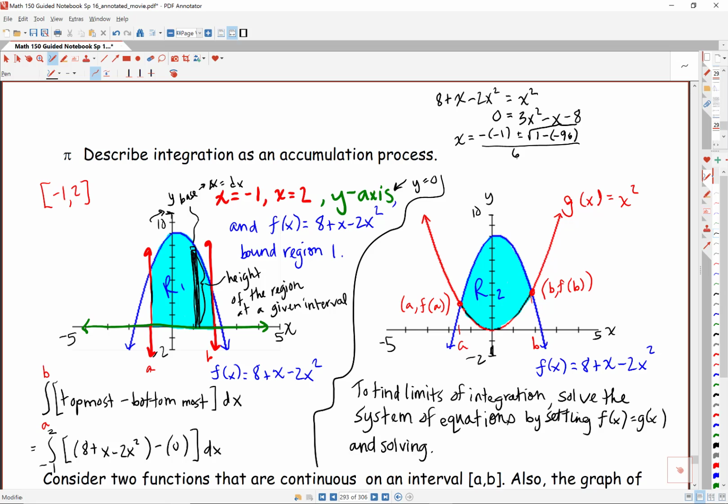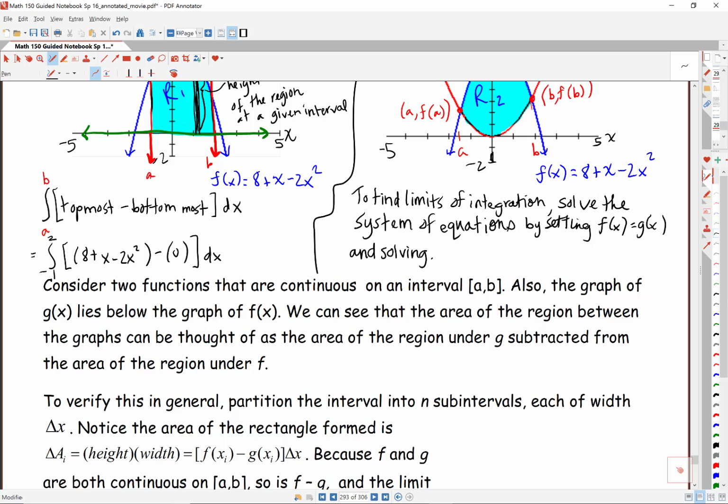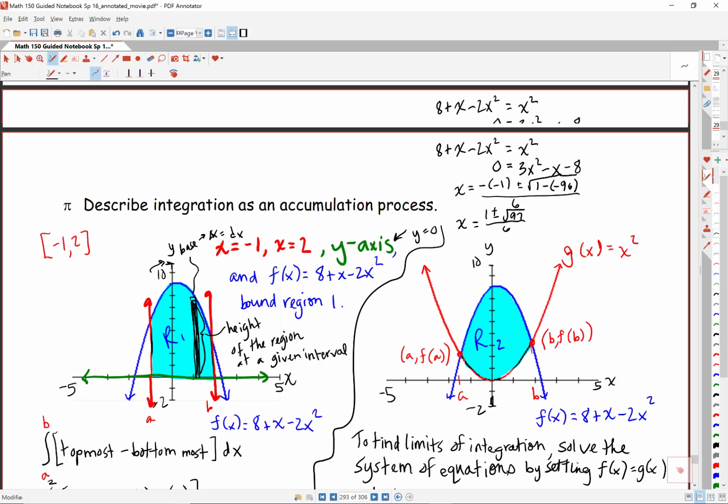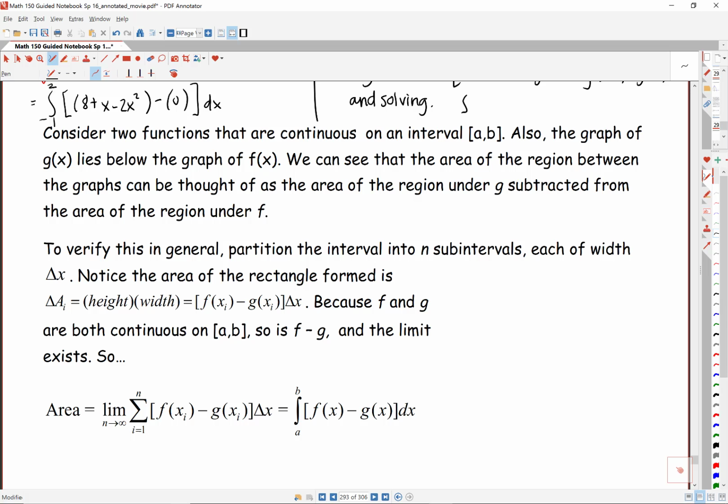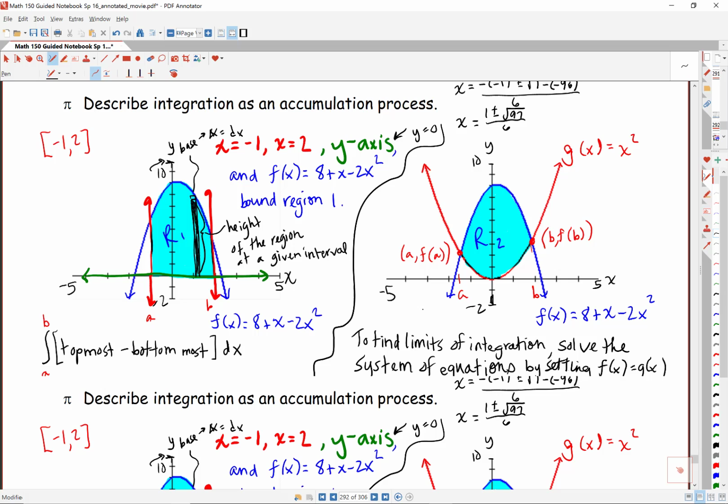So we would get x is equal to 1 plus or minus root 97 over 6. I don't know if that can be simplified or not, but what we would have found here is our limits of integration. Sorry, the screen's going wild here. Okay.